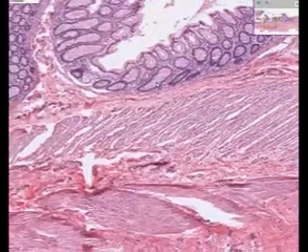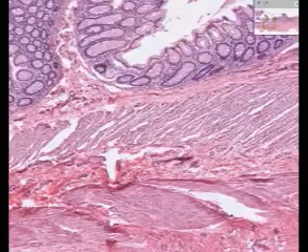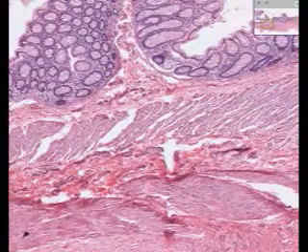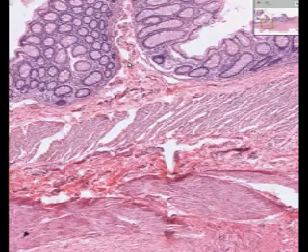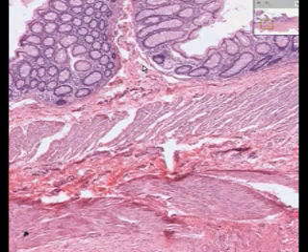There is then a theoretical separation called a muscularis mucosae, which you could see along here, which now separates this mucosa composed of epithelium and lamina propria from the submucosa, which is very, very richly vascular loose connective tissue.